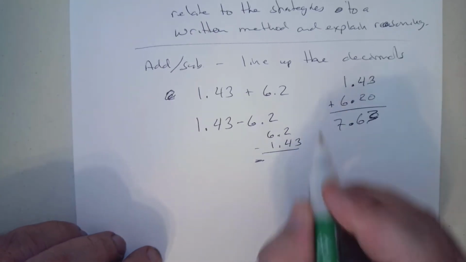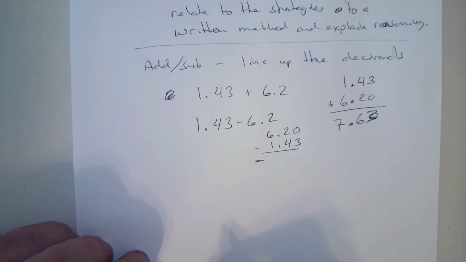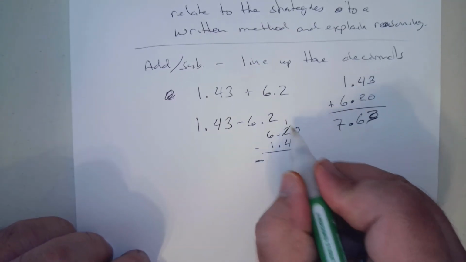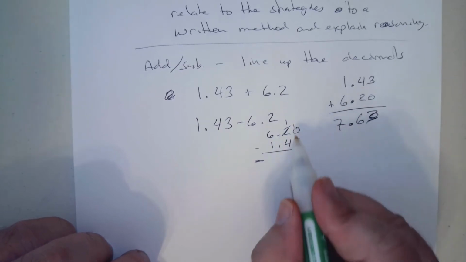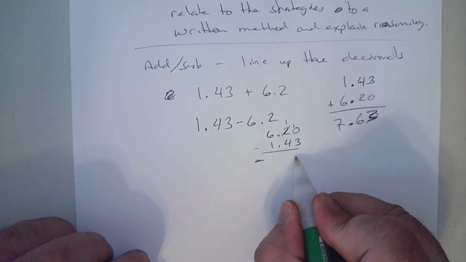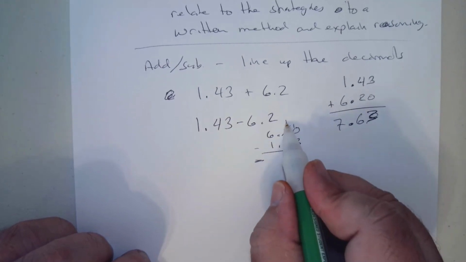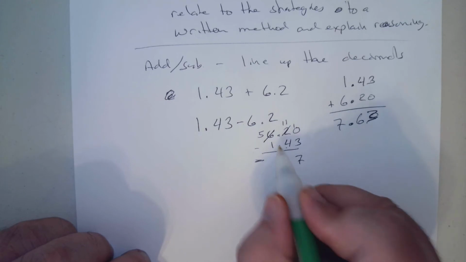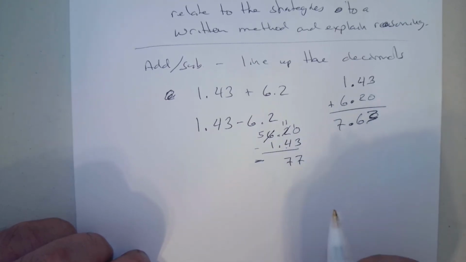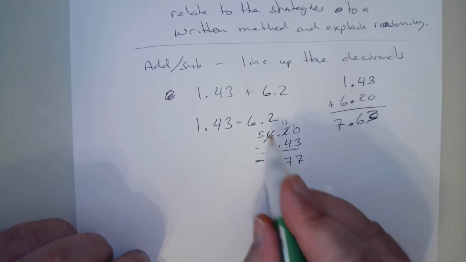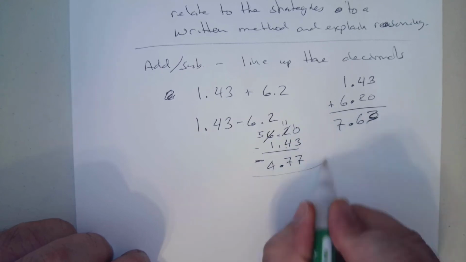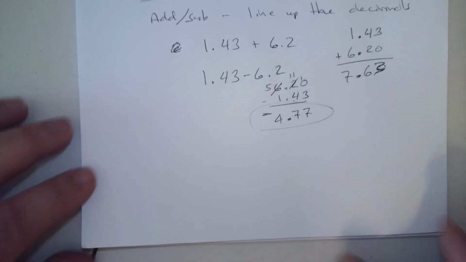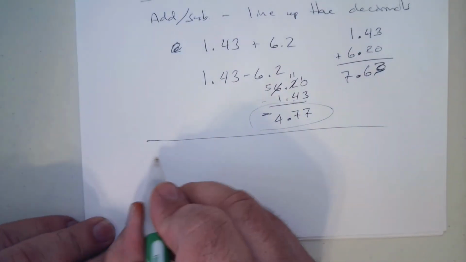Since the bottom number has a couple of decimal places, you have to fill at the top. 0 minus 3, you can't do it, so you got to borrow 1. 10 minus 3 is 7. 1 minus 4, you can't do it, so you have to borrow 1. 11 minus 4 is 7. There's a decimal. 5 minus 1 is 4, so the answer is negative 4.77. That's adding and subtracting decimals.